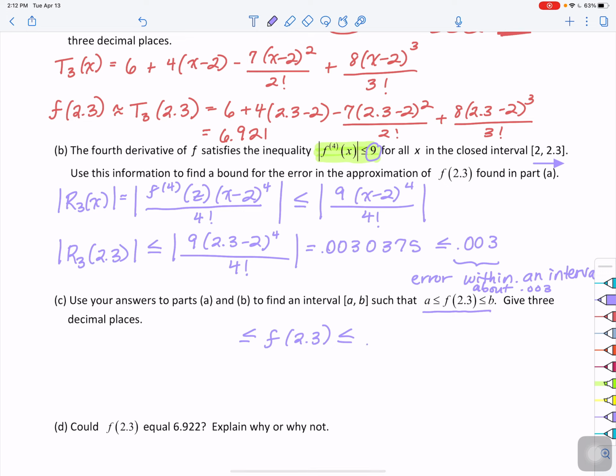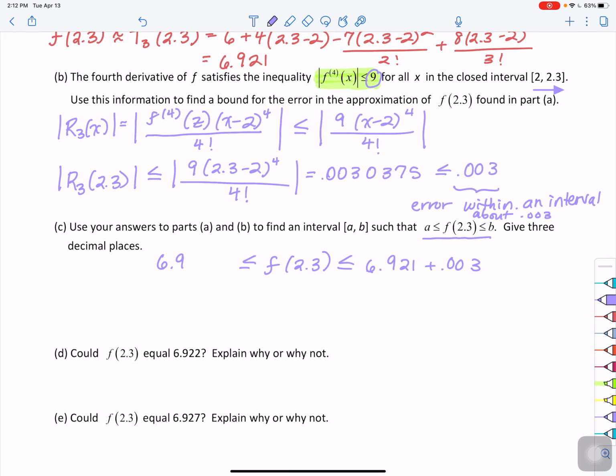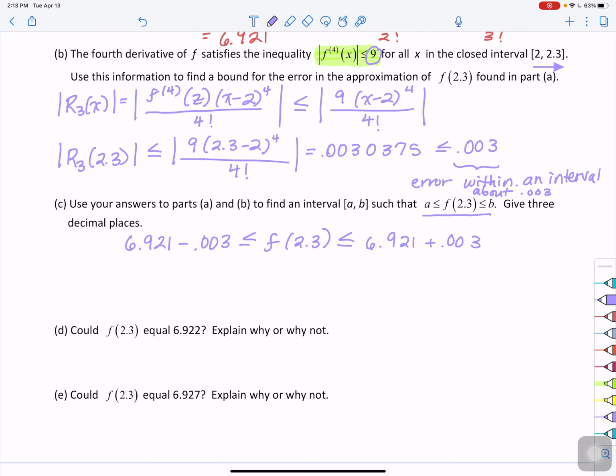So 6.921 plus 0.003, and then 6.921 minus 0.003, and you come up with 6.918 and 6.924. Okay?